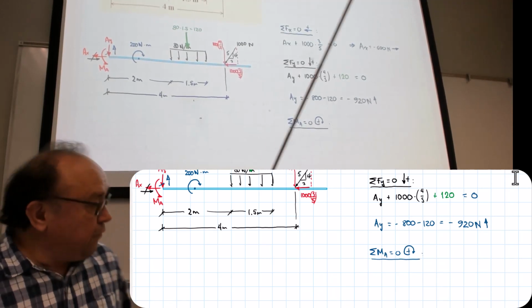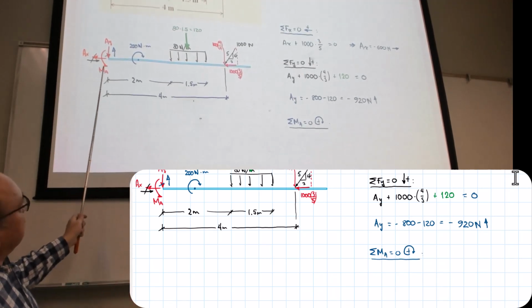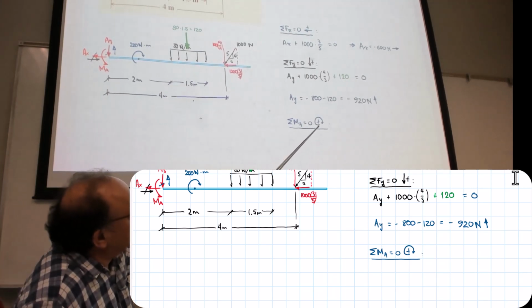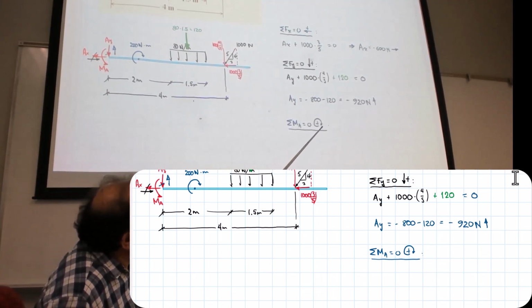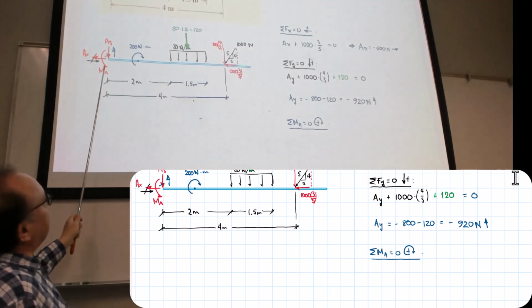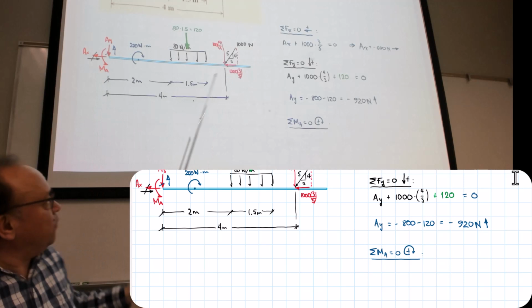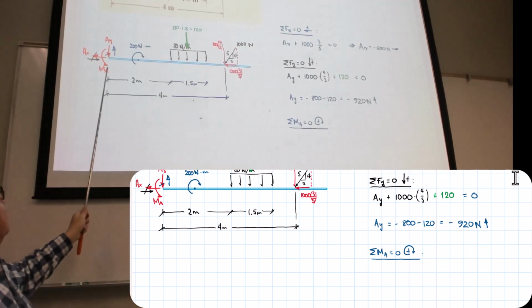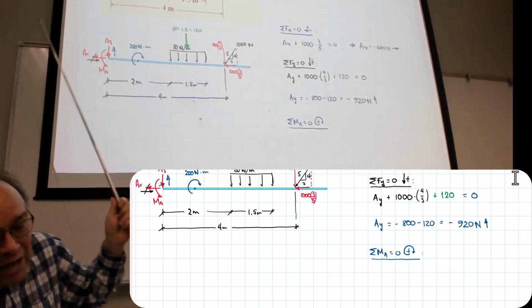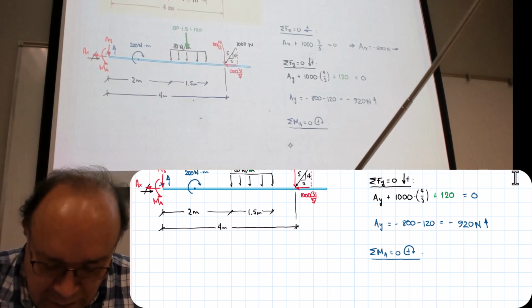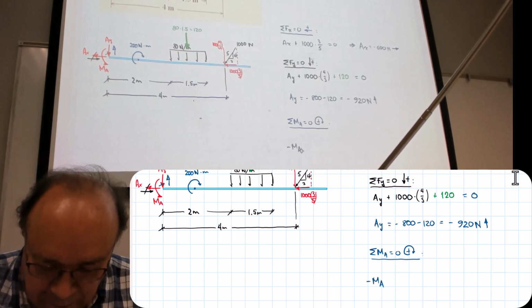So this moment, I put it positive going clockwise. So this one is negative, right? But I usually put the convention that positive is in the same direction of my unknown. But it doesn't matter. So that would be minus MA, right?